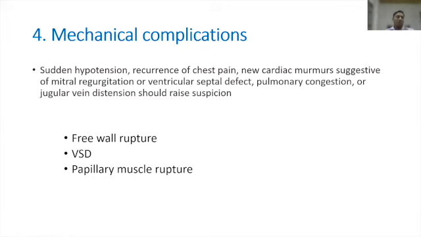So the fourth complication is mechanical complications: sudden hypotension, recurrence of chest pain, new cardiac murmurs suggestive of mitral regurgitation or VSD. What are the mechanical complications you should consider here? Free-wall rupture, VSDs, and papillary muscle rupture.